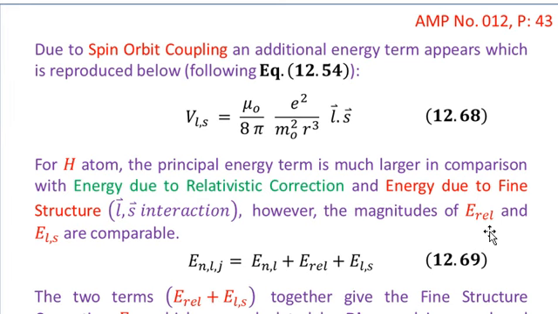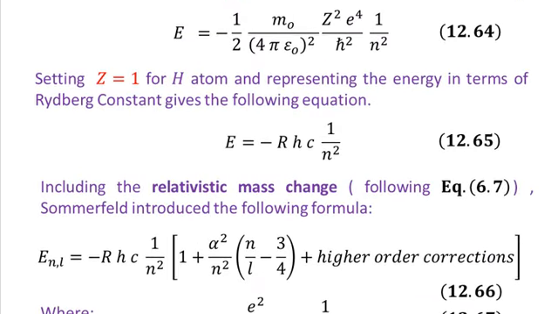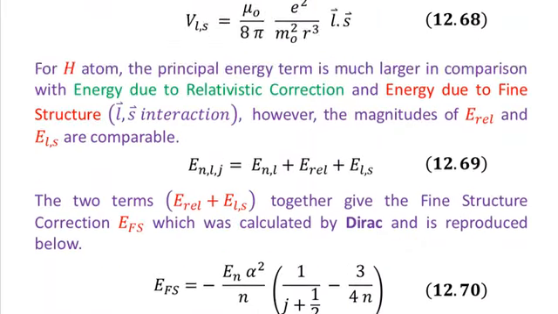So these two energy terms are comparable with each other, but their magnitudes are much smaller in comparison with the principal energy term, which I have discussed in equation number 64 or 65.